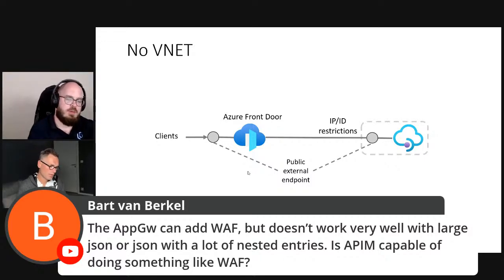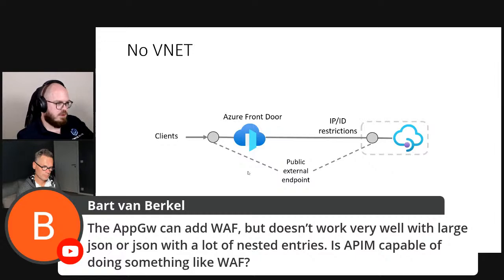Okay, so the problem that Bart is stating is that it doesn't work well with a large JSON set. So APIM itself doesn't handle web application firewall. That is done by the app gateway. Yes. Okay. So if you have a very large set of rules for your web application firewall, then that might be an issue.